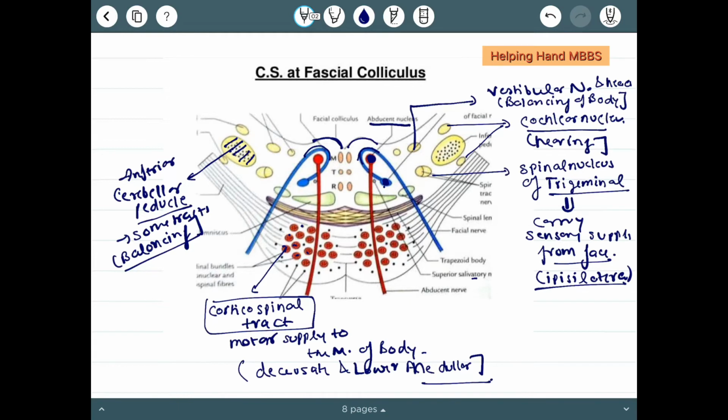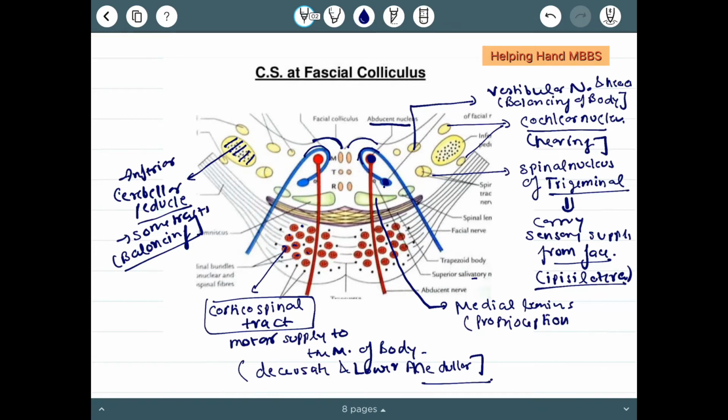The green one is the medial lemniscus. It arises from the nucleus cuneatus and nucleus gracilis, and its function is proprioception.